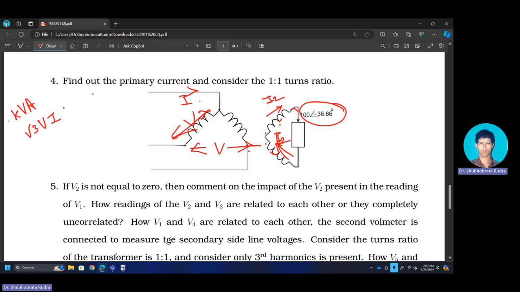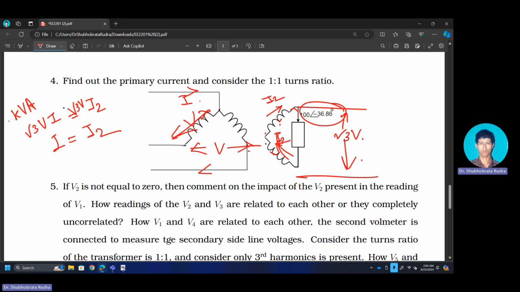So on the secondary side, the KVA is I2 times the current, and what is the voltage between these two? It is root 3 V. So we can write root 3 V I is equal to root 3 V I2. That gives me I is equal to I2. Therefore, I is equal to I2, and how much is this current?